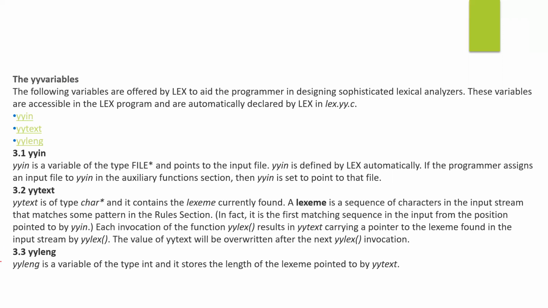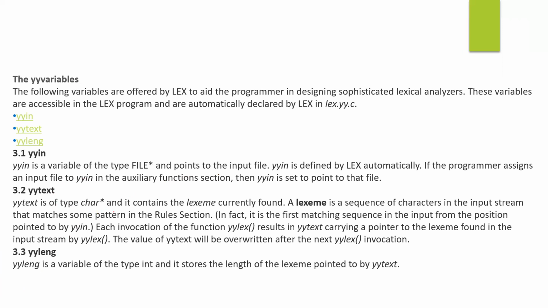First one is yyin. It is a variable of type FILE and points to the input file. yyin is defined by Lex automatically. If the program assigns any input file to yyin in the auxiliary function section, then yyin is set to point to that file.